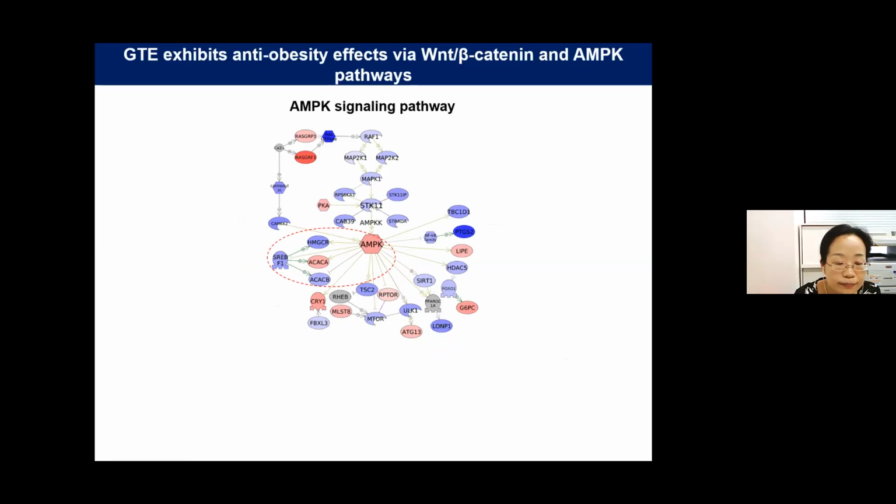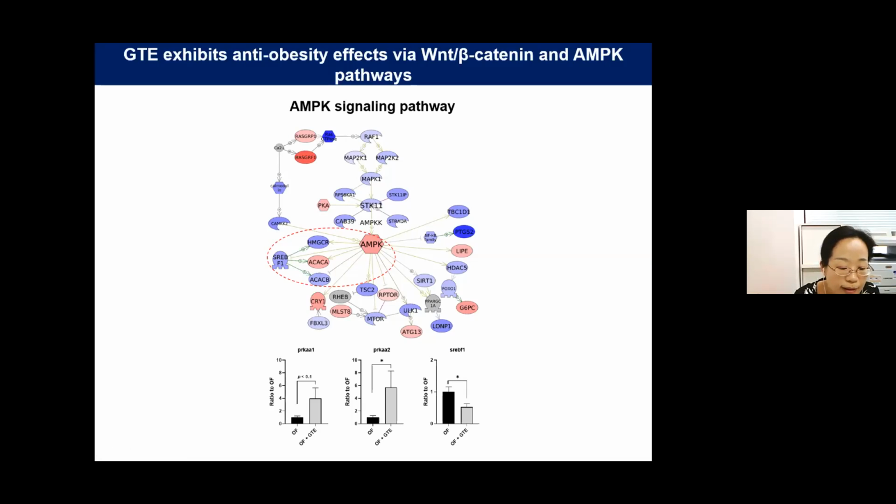And in addition, in the AMPK signaling pathway, the major downstream pathways of AMPK, such as SREBF1 that is related to lipogenesis, were downregulated by GTE.